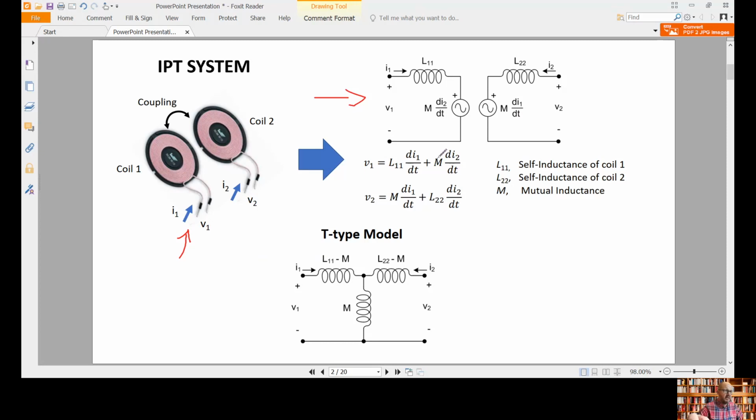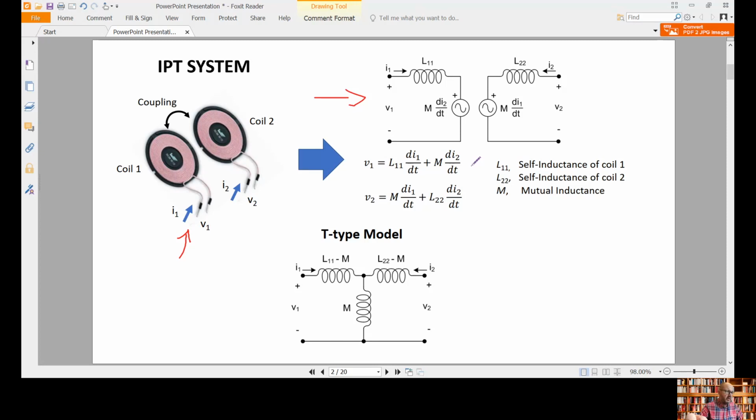Okay, these here are the differential equations that give the behavior of this type of systems. We know that here L11 is the self-inductance of coil 1, L22 is the self-inductance of the second coil, and M is the mutual inductance between both coils. Okay, so this is the equivalent circuit.